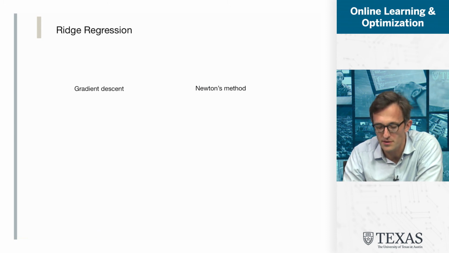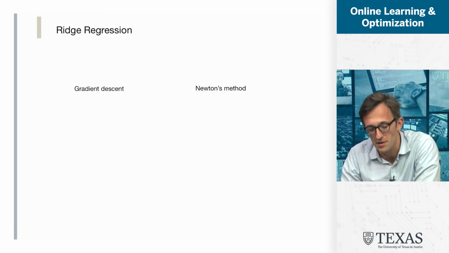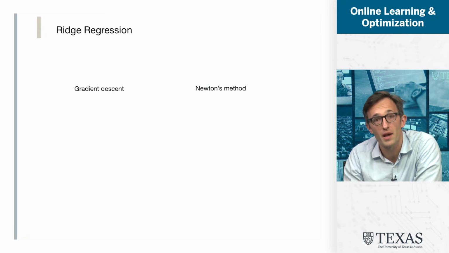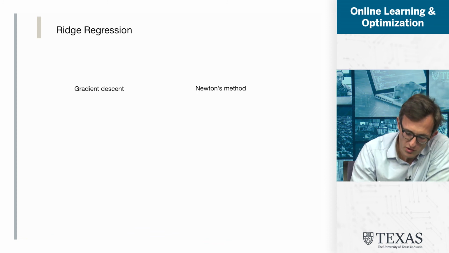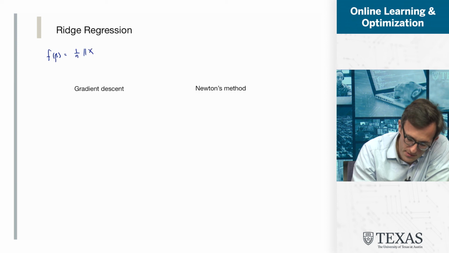And Newton's method is another class of algorithms that we're going to discuss. So ridge regression, again, is the problem of f of beta is equal to 1 over n times the norm of x beta minus y squared plus lambda times the norm of beta squared.